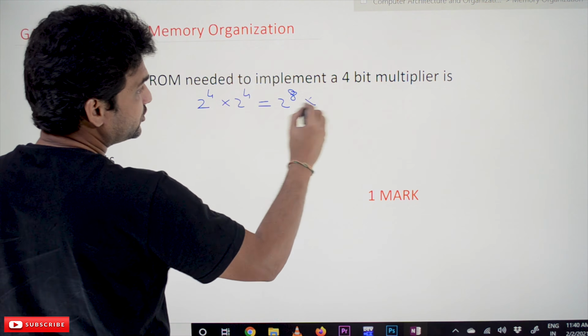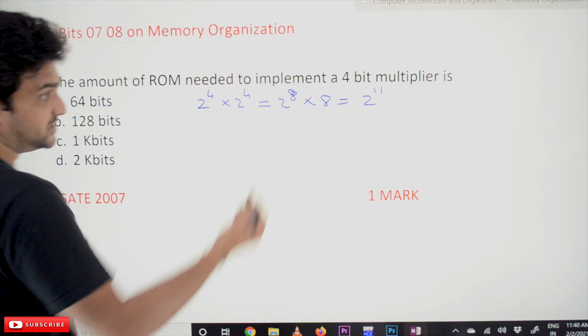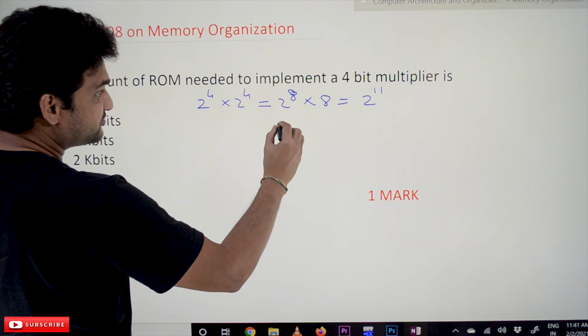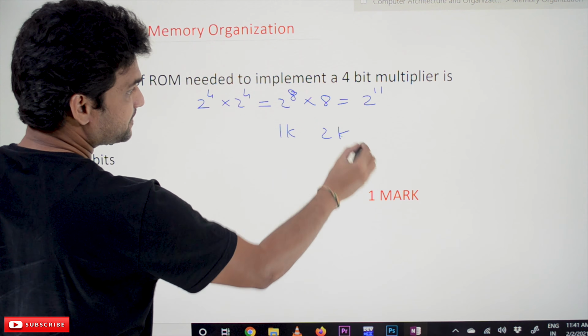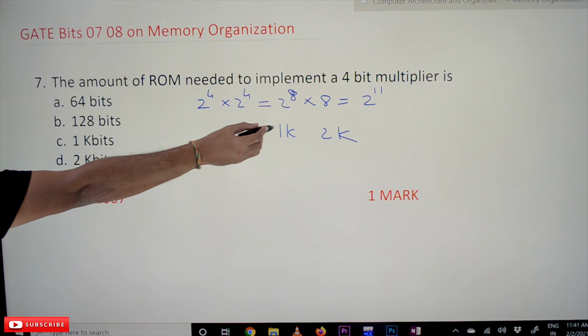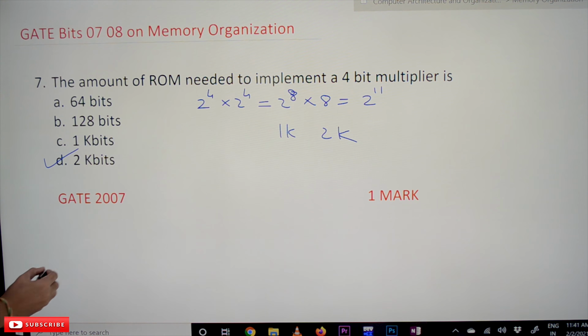So 2 power 8 into 8, which is equal to 2 power 11. 2 power 10 means 1k, so 2 power 11 means 2k. So the right option is 2k bits.